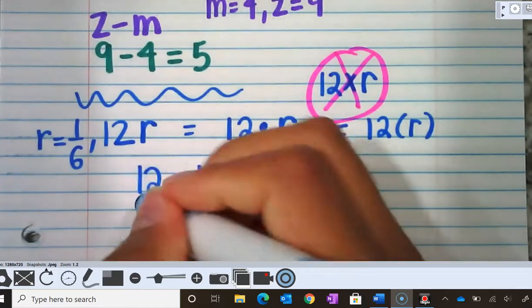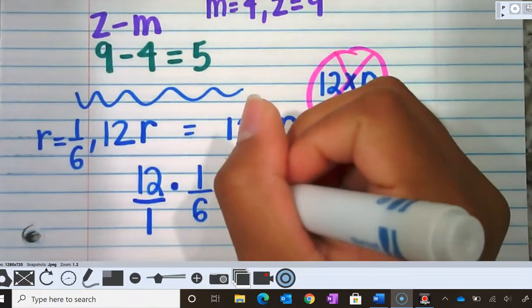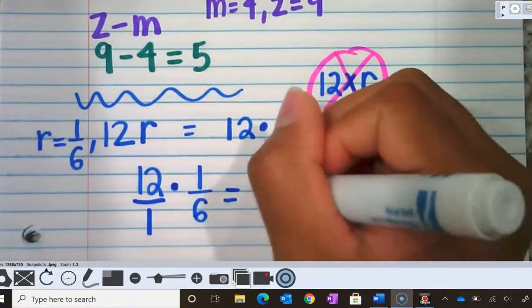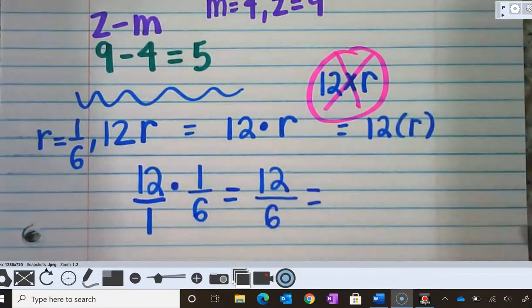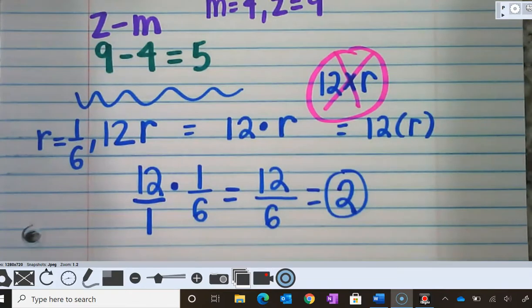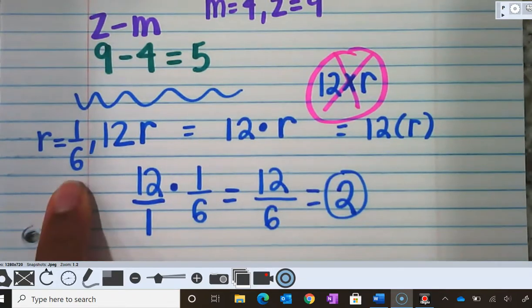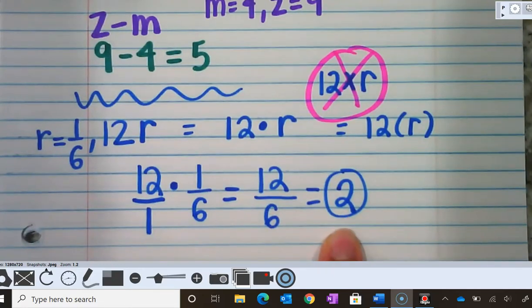All right, I can put a 1. So 12/1 times 1/6 would be 12 times 1, 12, 6 times 1, 6, and 12 divided by 6 gives me my answer of 2. All right, so 12 times R, when R is equal to 1/6, your solution is 2. All right, let's do a couple more problems.